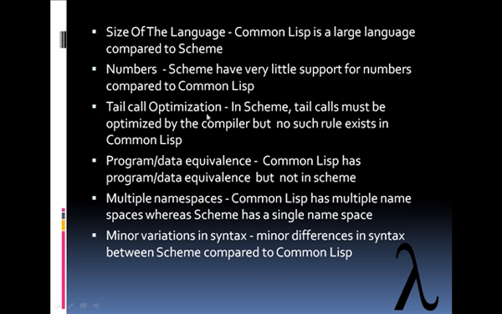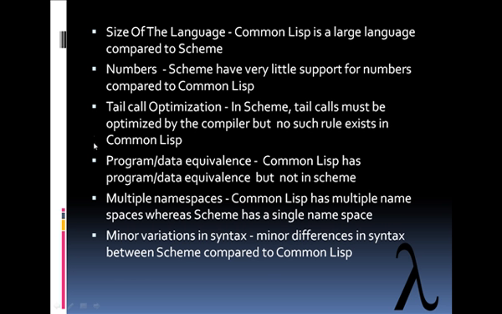Tail call optimization. In Scheme, tail calls must be optimized by the compiler so that no additional stack space is consumed. Thus, in Scheme, iteration is a special case of tail recursion. You can count on the Scheme compiler or interpreter to convert tail calls to simple jumps.